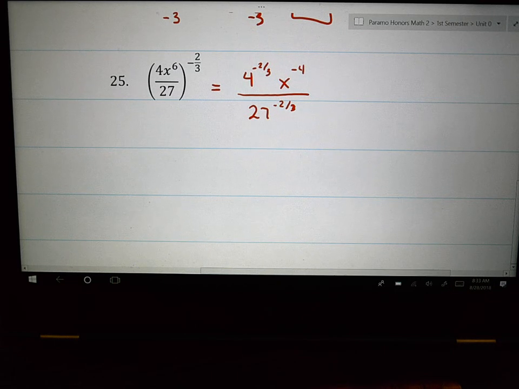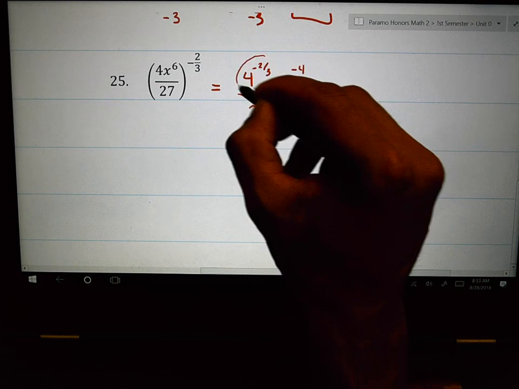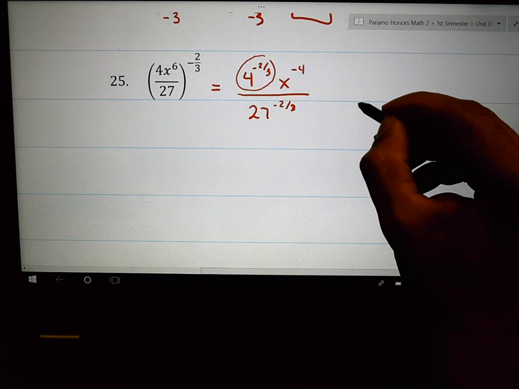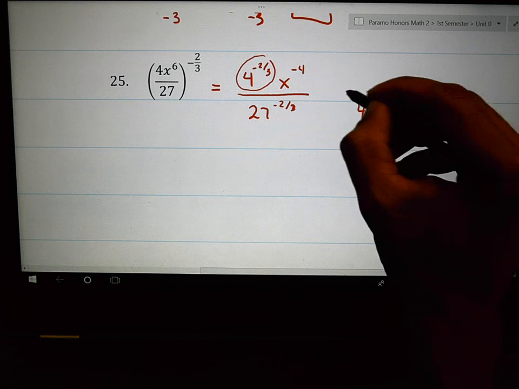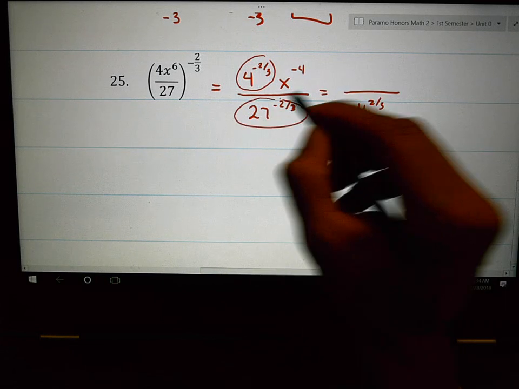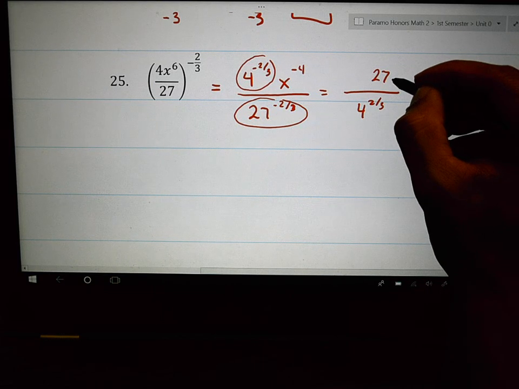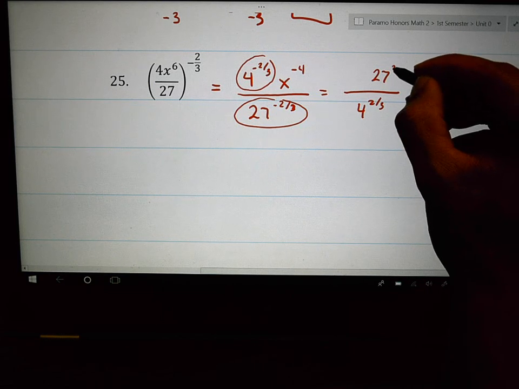When you have negative exponents, they become positive in the opposite place. So that's what I'm going to do next. I'm going to move this one down, 4 to the 2/3 down here. I'm going to move this one up, 27 to the 2/3 up here.